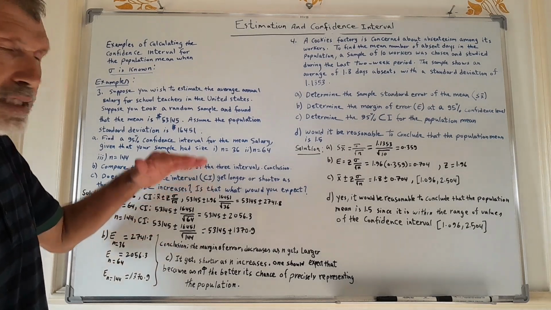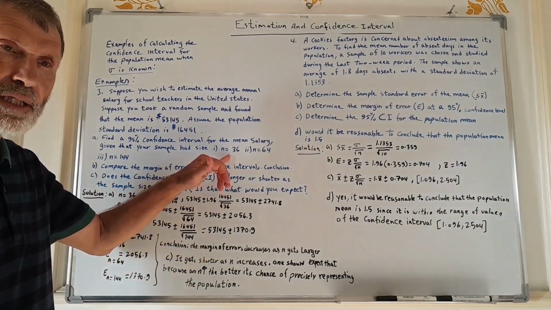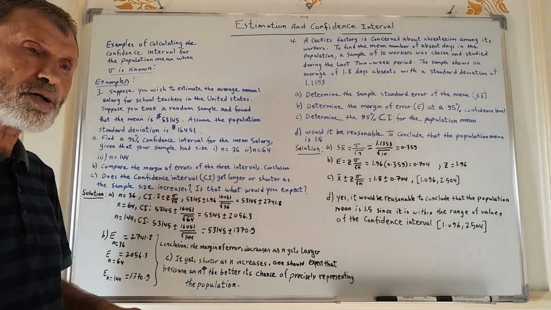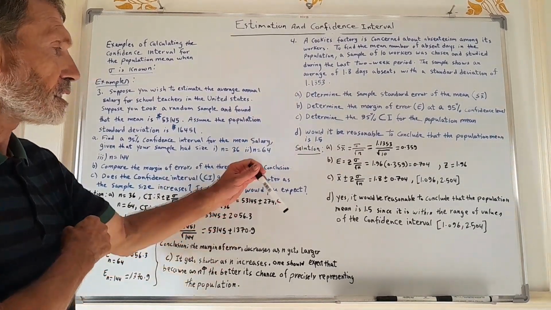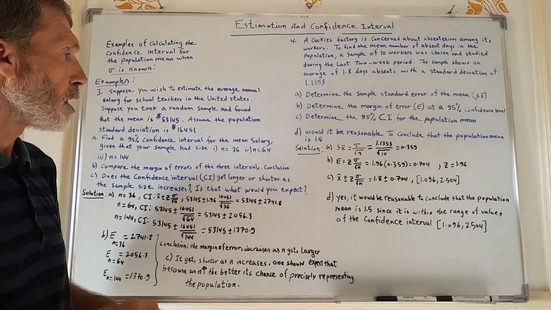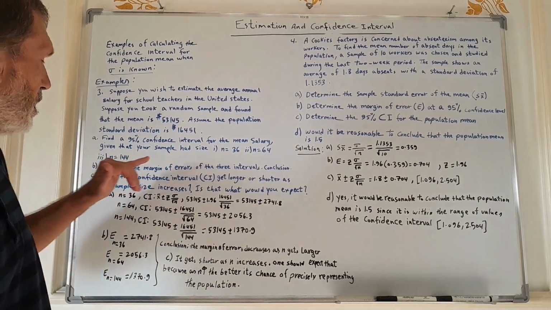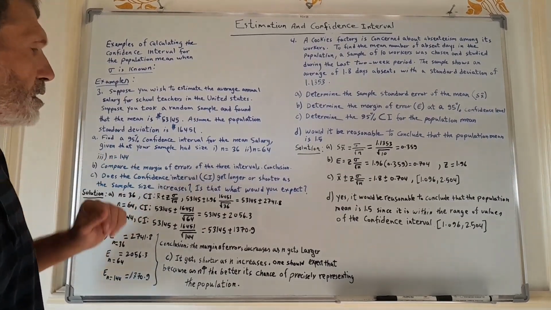What is the confidence interval when the size of the sample is 36? What is the confidence interval when the size of the sample is 64? Okay. What is the confidence interval when the size of the sample is 144?